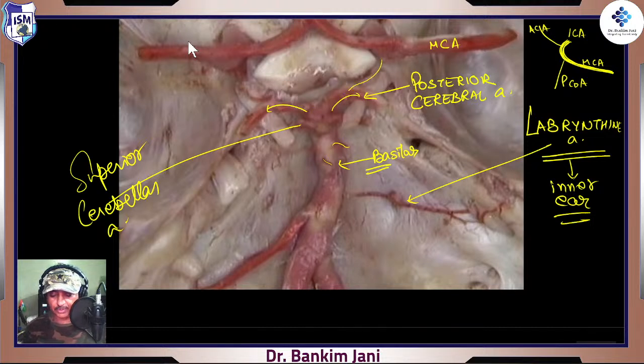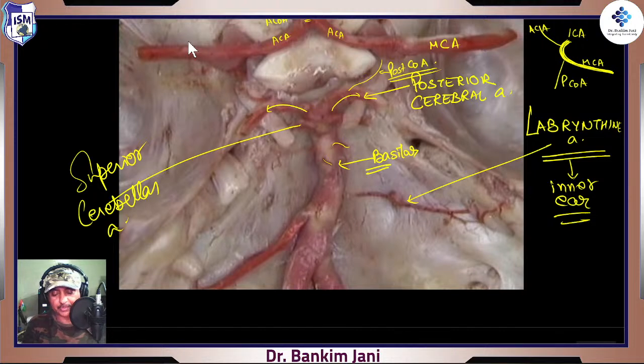So this is what? This is posterior communicating artery, right? Similarly on the opposite side, right? And then this which is going up, that is anterior cerebral artery. Both anterior cerebral arteries are meeting with anterior communicating artery.